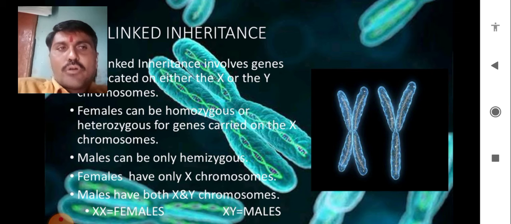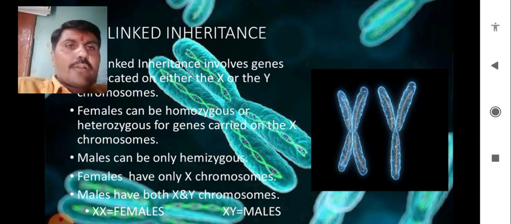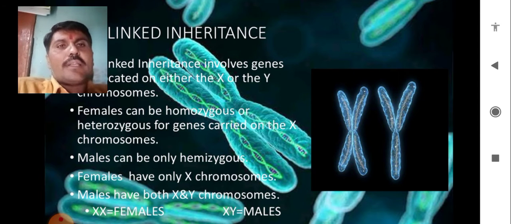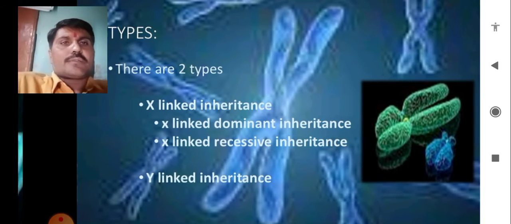Females, as usual, are homozygous because they contain the same chromosome, that is double X, but can be heterozygous for genes carried on the X chromosomes. Males can be only hemizygous. Males have both X and Y chromosomes, and females have only X chromosomes, that is the double X chromosomes.